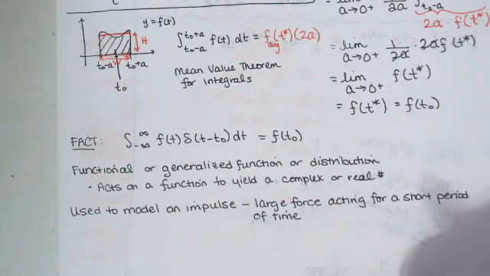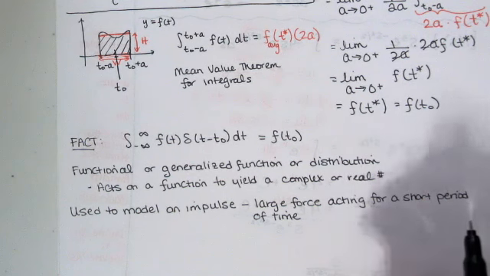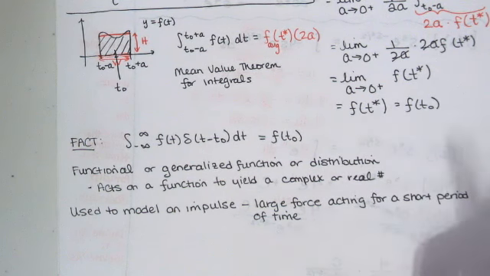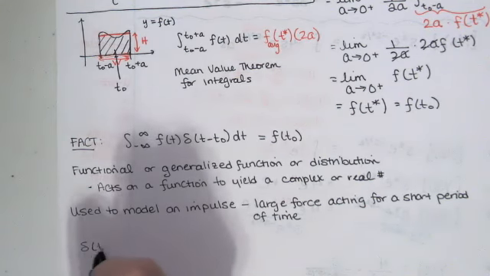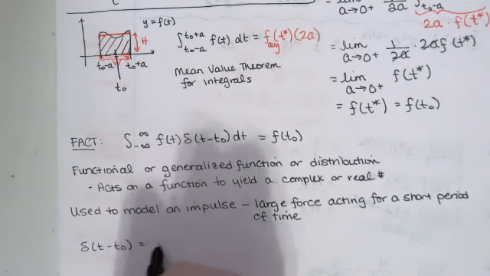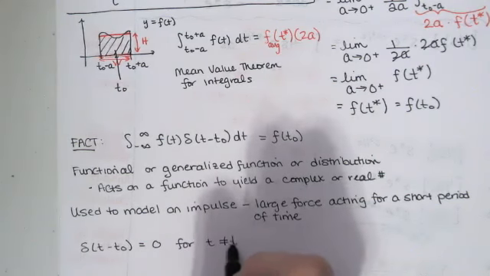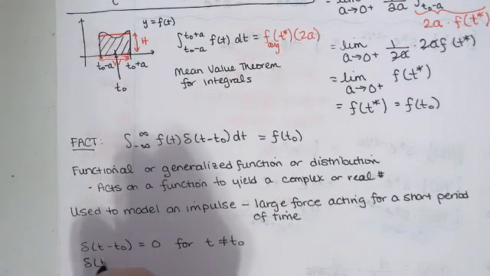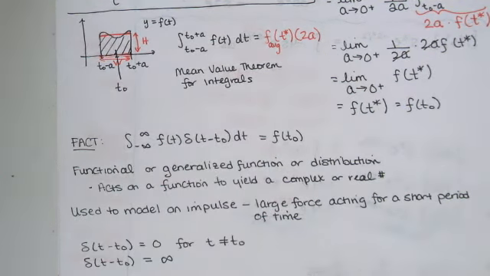And if we are thinking of that short period of time being a single instant in time, that is represented by Dirac delta. We said that delta at t minus t naught is equal to 0 for t not equal to t naught. And at t naught, I'm going to put this in quotes.